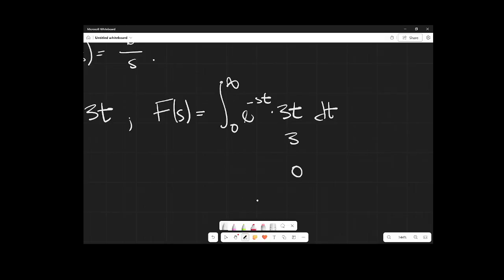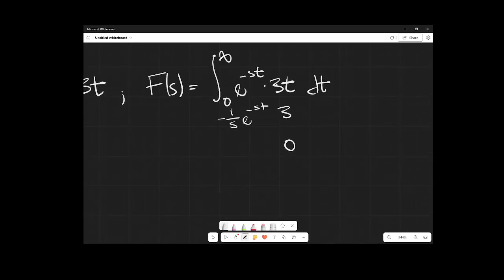I find the best way to do this is to use the tabular method. Write this a little cleaner. And so what I'm doing is I'm just taking derivatives of each of the two functions separately, and then we're going to do diagonal multiplication with alternating signs.